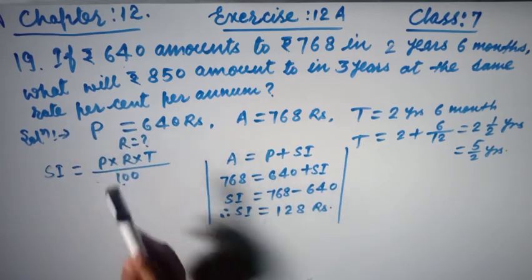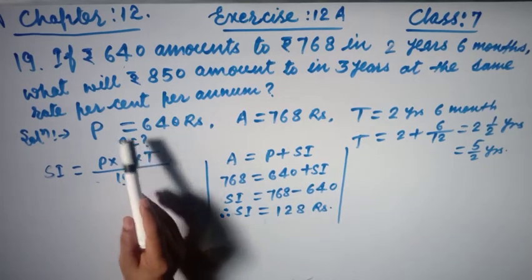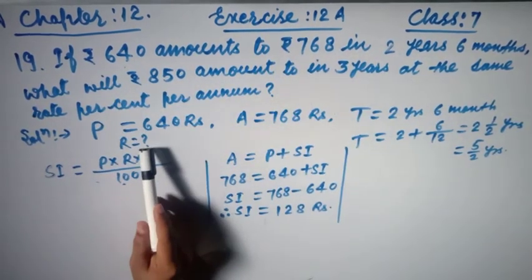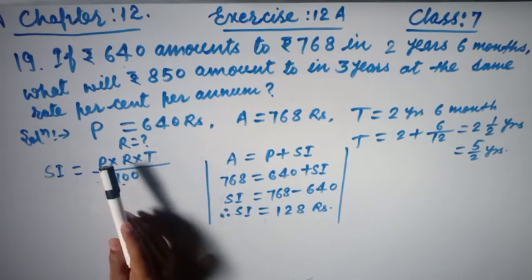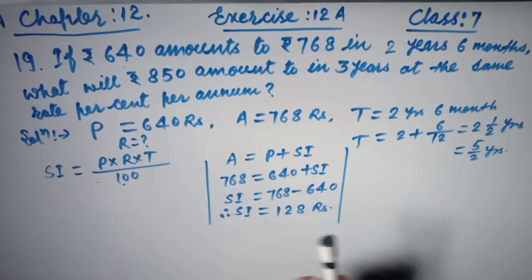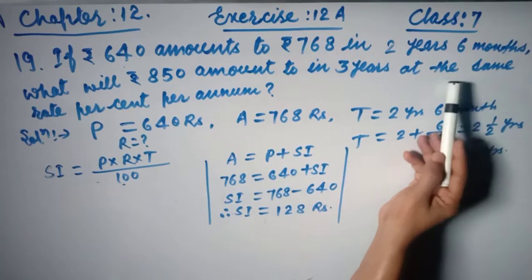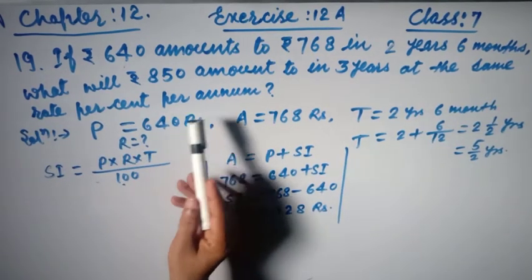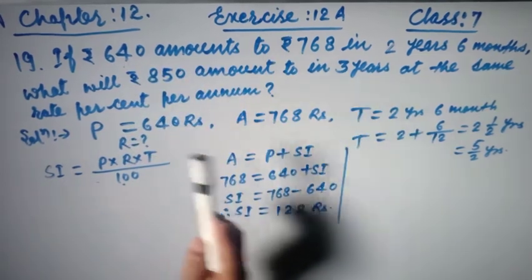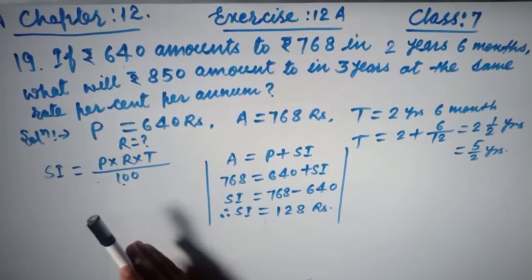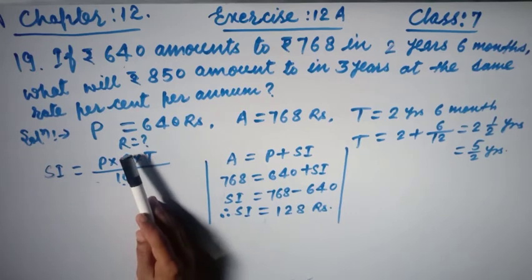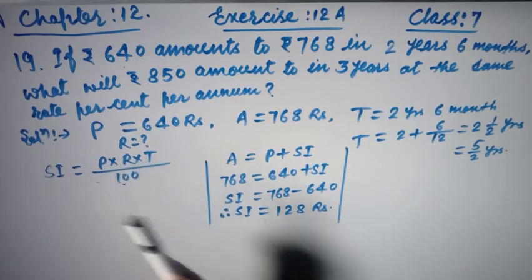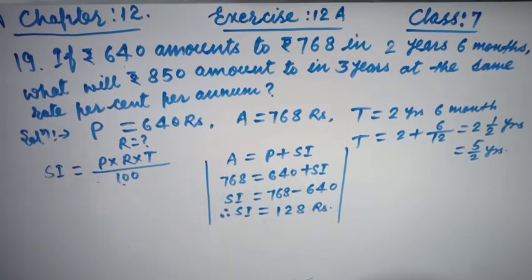So we first find the rate percentage R from the first given statement, then apply the same rate in the second statement, because the question says the same rate percent per annum. We then find the amount for the second statement.